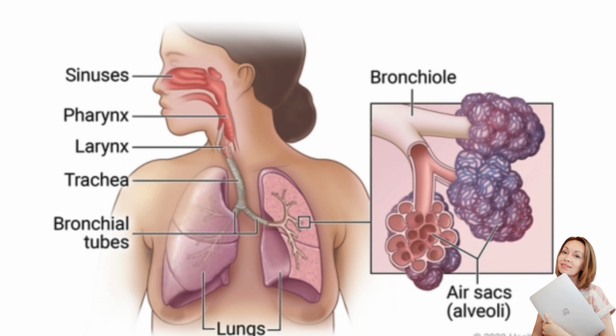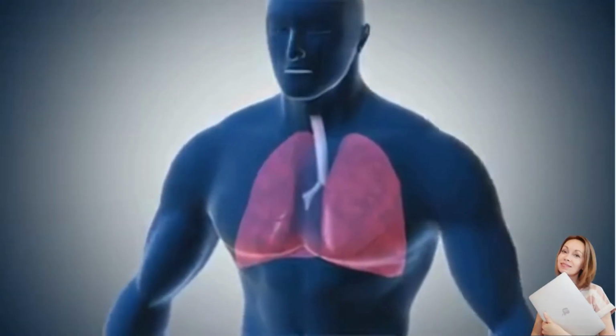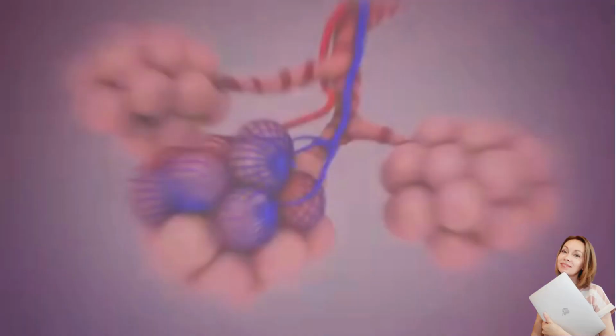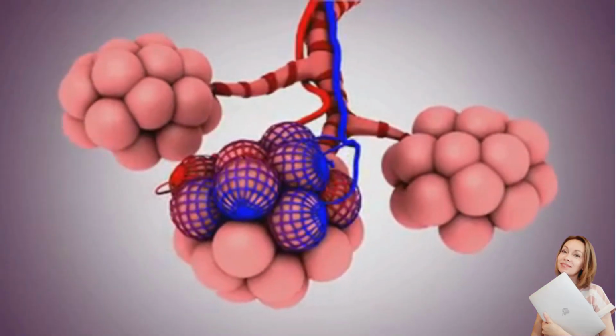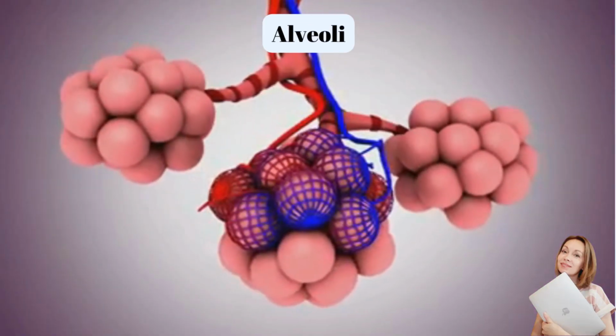Into the lungs we have bronchiole, or bronchioli if we are talking in a plural form, and they enter the air sacs, which are called alveoli, right? Alveoli.